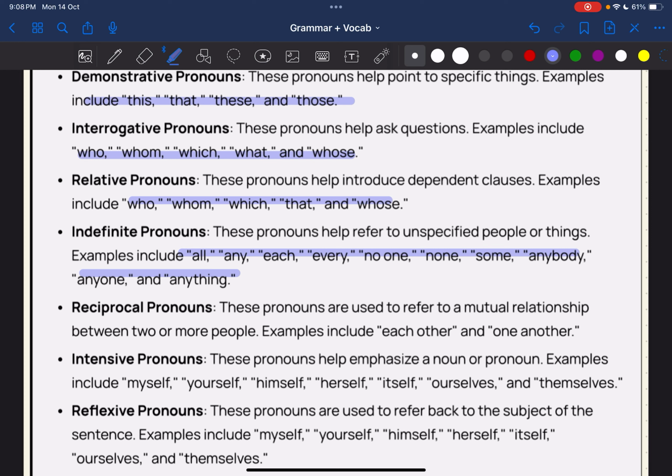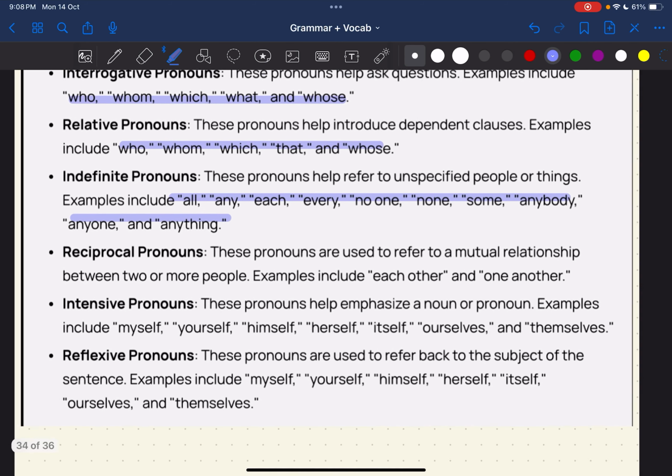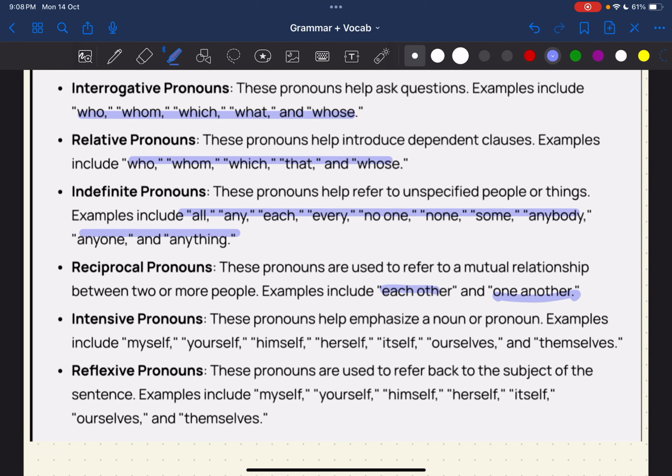All, any, each, every, no one, none, some. Reciprocal में एक mutual bond होगा, mutual friendship होगी, each other, one another, like that. Intensive में we are emphasizing on a noun or a pronoun. Yourself. Sentences में difference आएगा बस थोड़ा सा. Nothing much. Reflexive में we are just going back to our subject. That would be all. ठीक है?